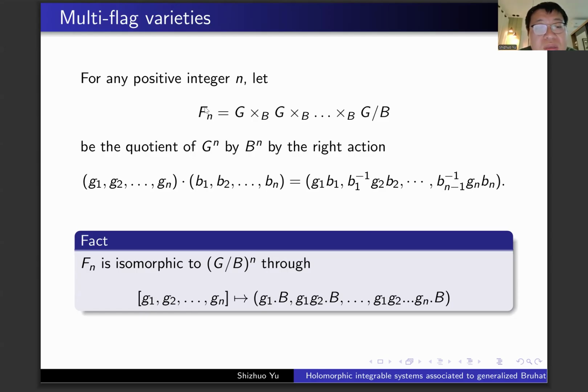Although the construction of the multi-flag variety depends on the twisted action, it is actually isomorphic to n copies of the normal flag variety G mod B through this way. You just need to multiply the first i elements together, and we can get this isomorphism.